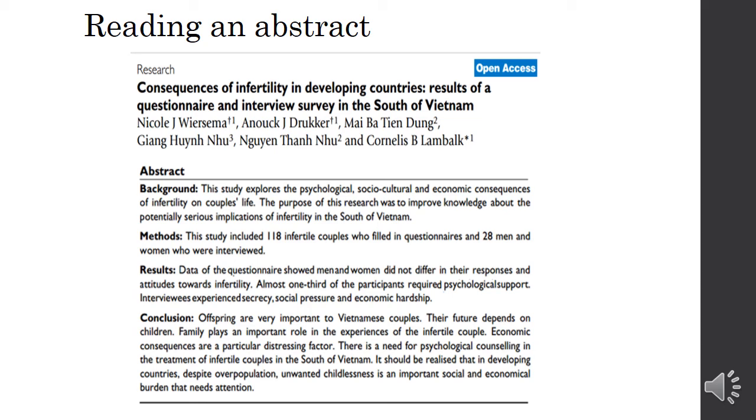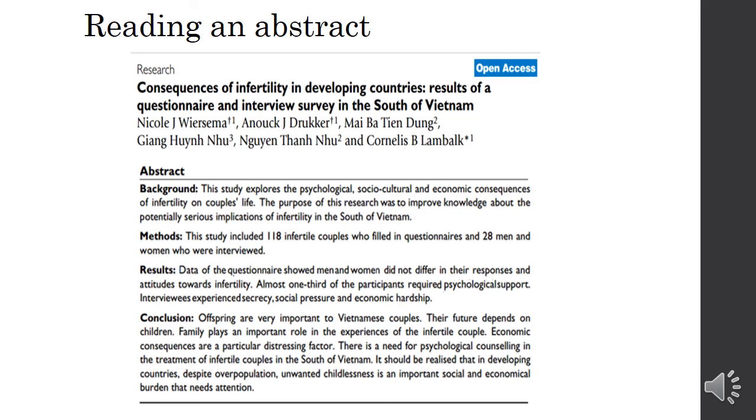And the second element in the abstract is the method. Method tells us how the research is conducted. For example, telling the number of respondents, the sampling technique, the setting, and also some instruments used for conducting the research.